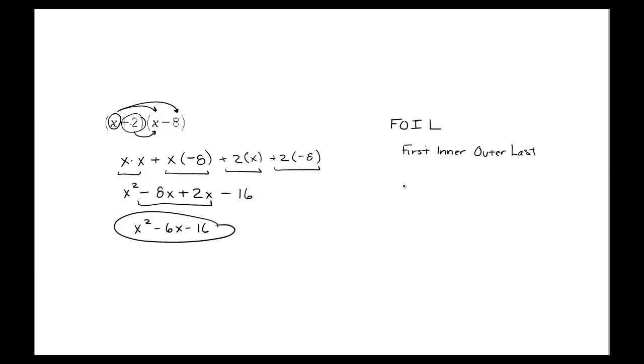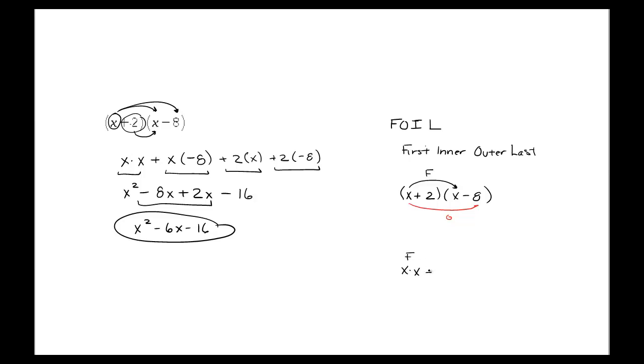So let me go ahead and rewrite what we had in our previous example. It was x plus 2 times x minus 8. So if I take my first, that's x times x, that gives me my first. Then I have to do my outer. So I have x times x is my first.